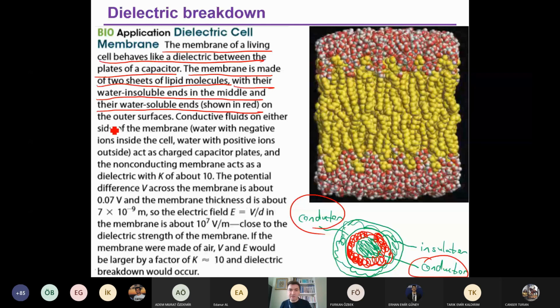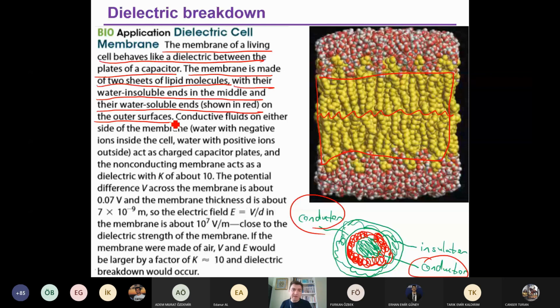Just consider that this is the membrane with yellow color, and they are made from lipid molecules. In the middle they have water-insoluble ends, and in the outer ends they have water-soluble ends.